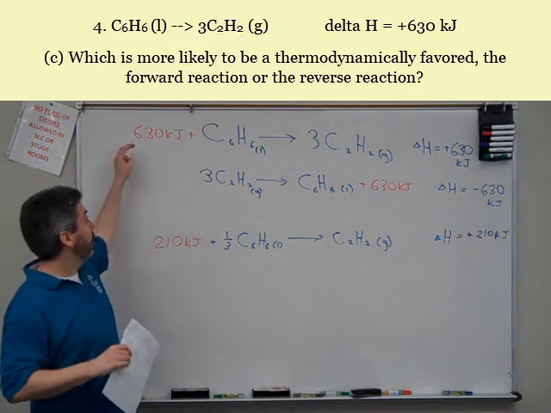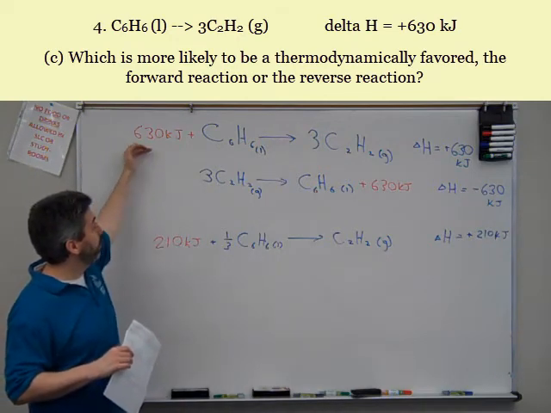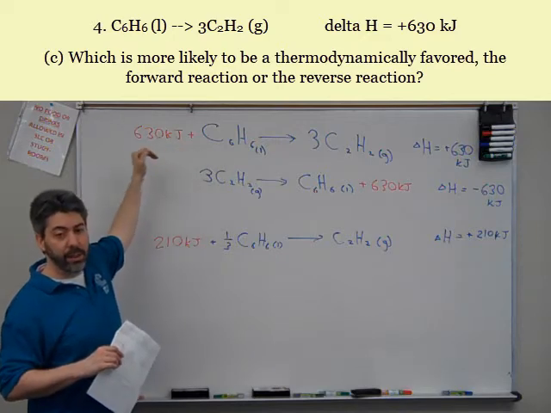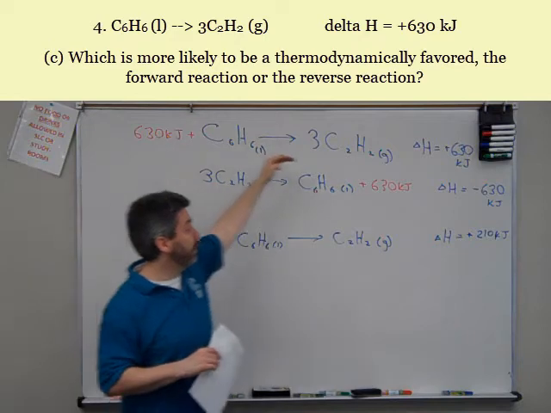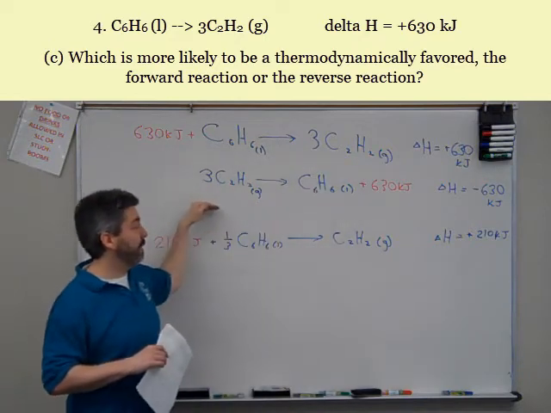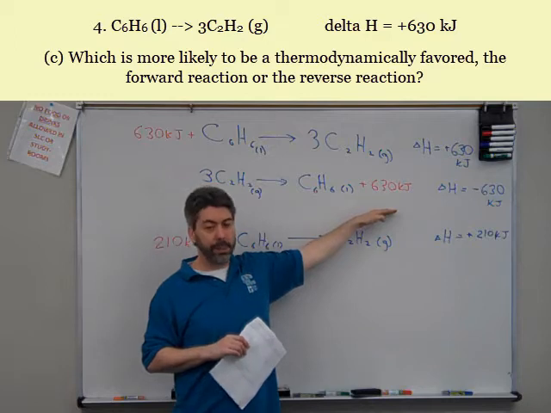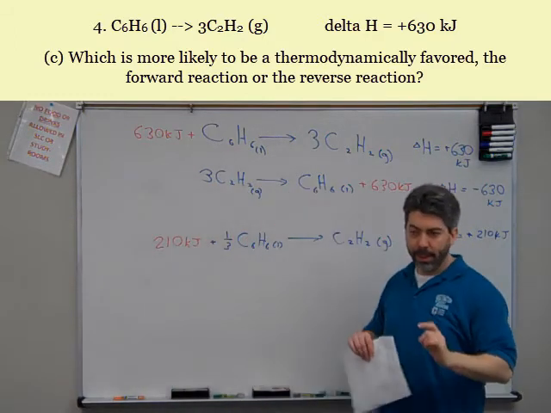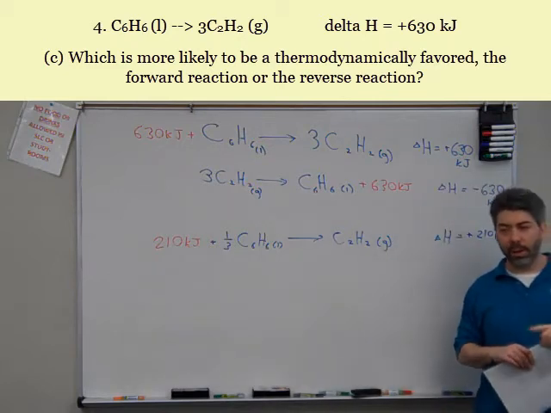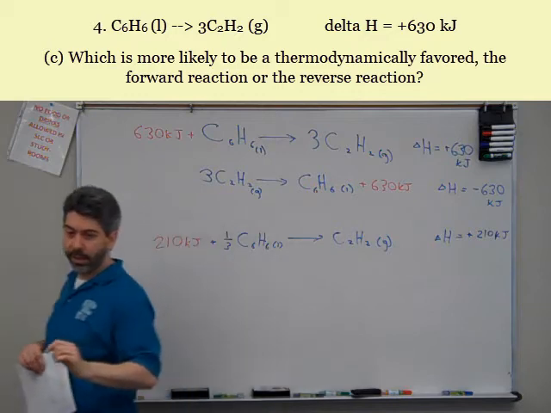Is this reaction going to be more likely to happen where it absorbs 630 kilojoules of heat, or where it releases 630 kilojoules of heat? Release? And if you think about it this way, is it easier to go from low energy to high energy, or from high energy to low energy?